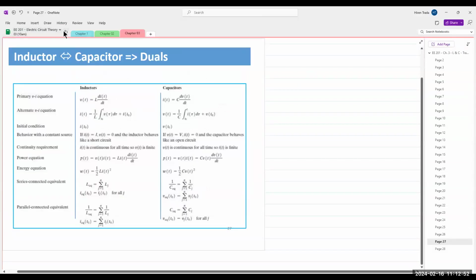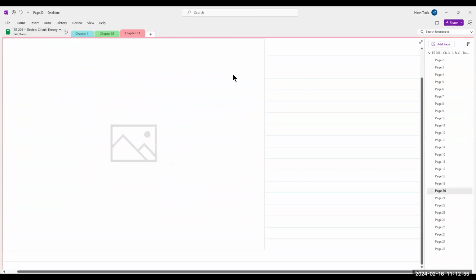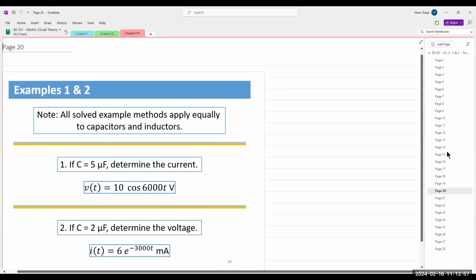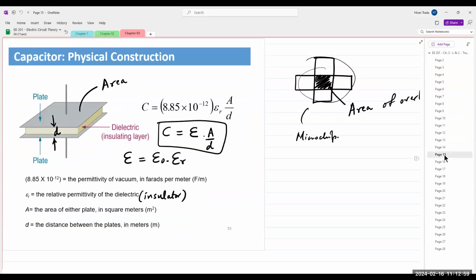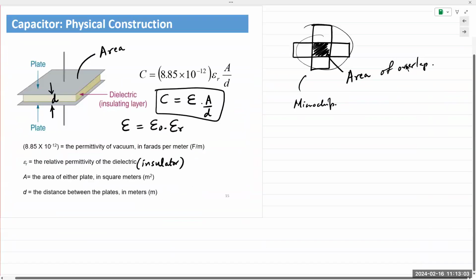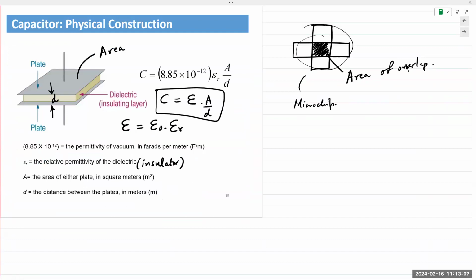So we saw the equations for an inductor, and the equations for a capacitor are very similar. For an inductor, we always talk in terms of the input quantity as being current, right? Current is an input for the inductor, and then voltage is the output. So voltage V for an inductor is L di over dt.